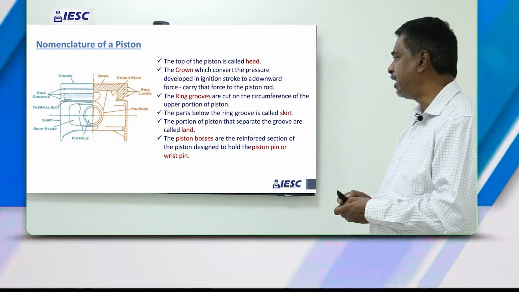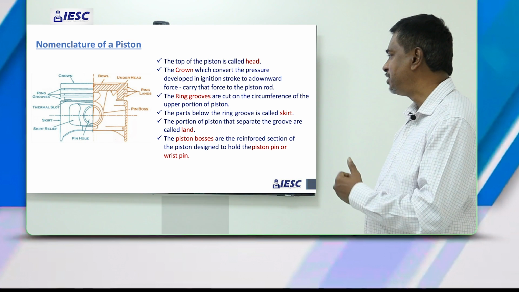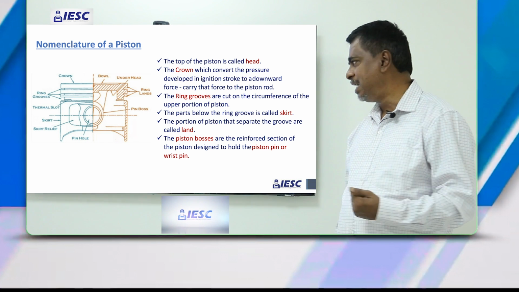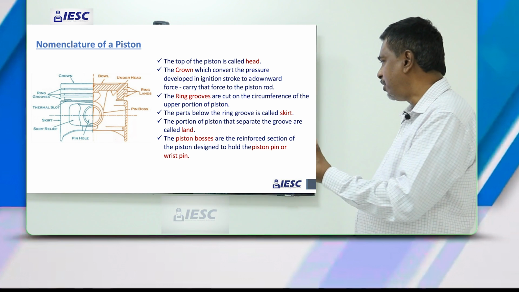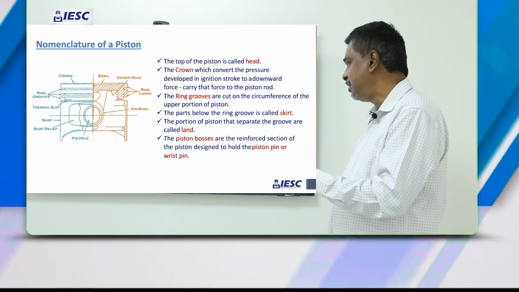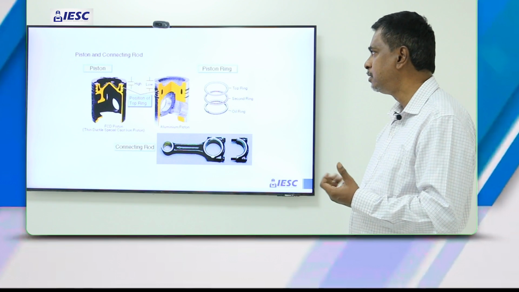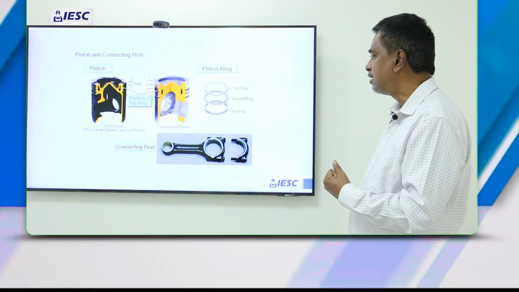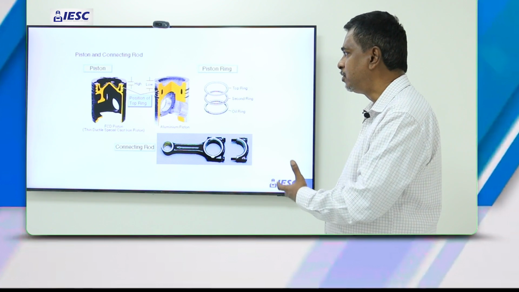The part below the ring grooves is called the skirt, and the portions of the piston that separate the grooves are called lands. The piston bosses at the bottom of the piston are a reinforced section of the piston designed to hold the piston pin, or wrist pin.